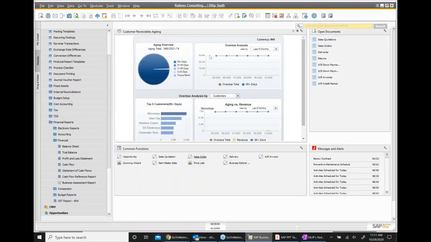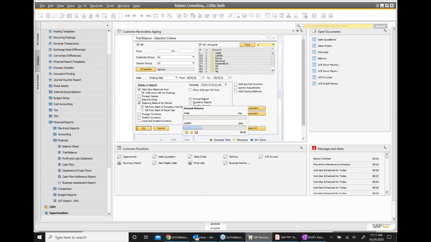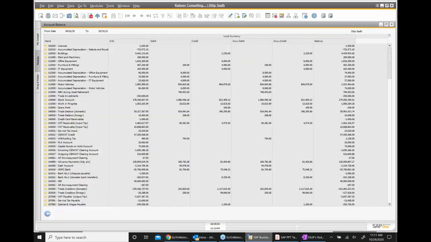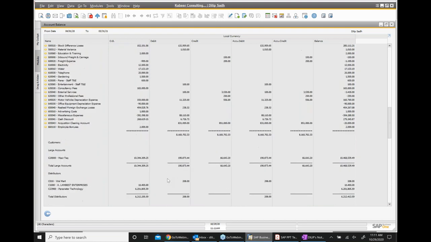If you don't want, let us say, a customer vendor, if you go to trial balance, let's say I don't want business partners. I only want my customer. I select all and hit enter. This is where you can choose selection parameter, selection criteria.